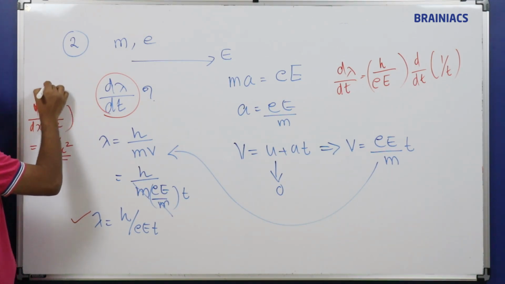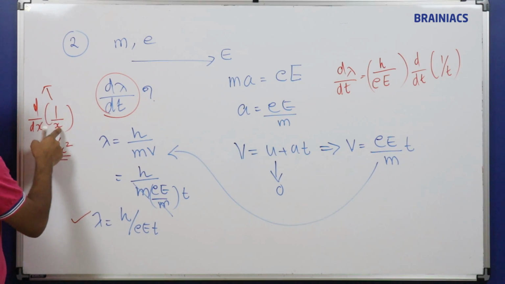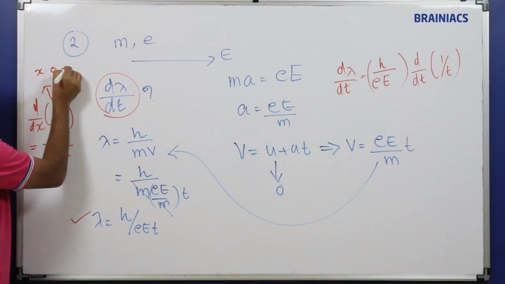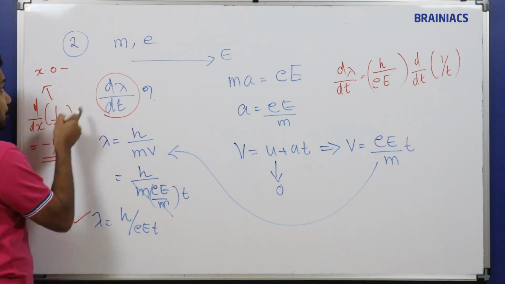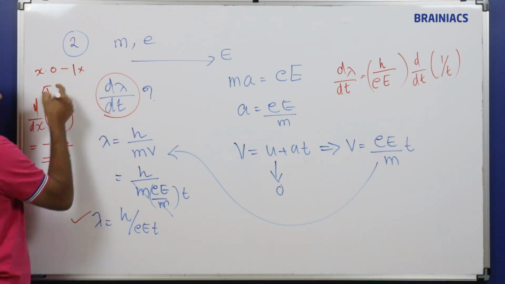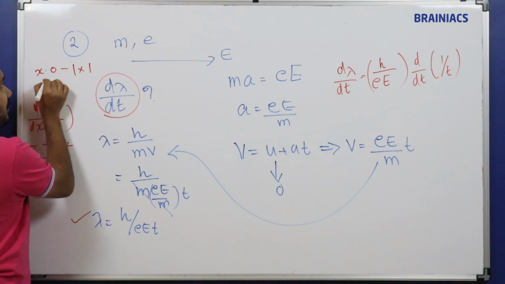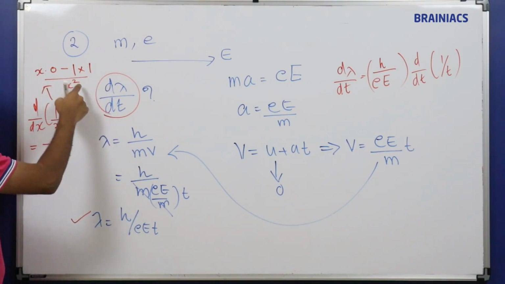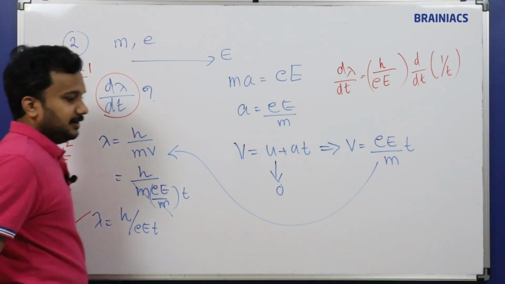How will you do it? Denominator into differentiation of numerator, which is 0, minus numerator into differentiation of denominator, 1, divided by denominator square. This is a fundamental mathematical principle you learn in 11th standard.